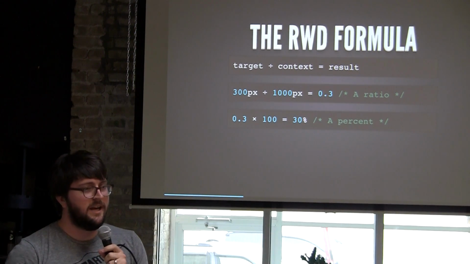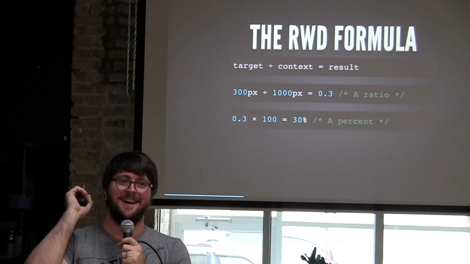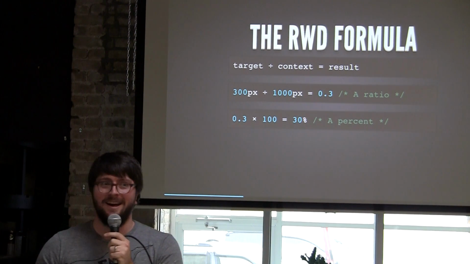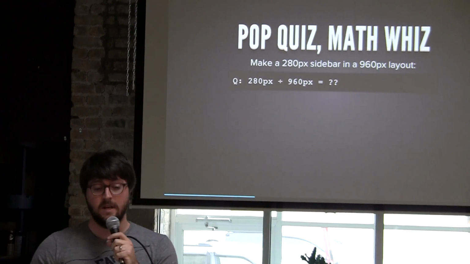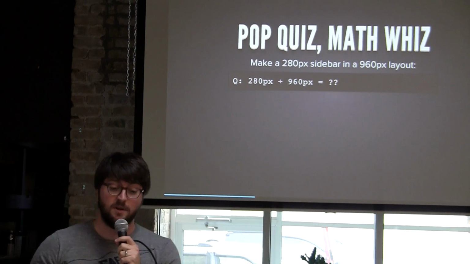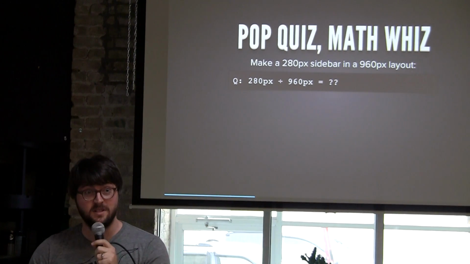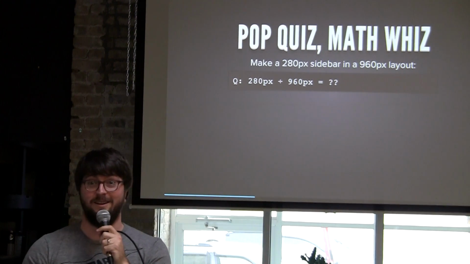This isn't even like algebra. This is like arithmetic, so I trust everyone can do it. So here we go, pop quiz, math quiz. Make a 280 pixel sidebar in a 960 pixel layout. 280 pixels divided by 960 pixels. You don't know, because it's really hard.